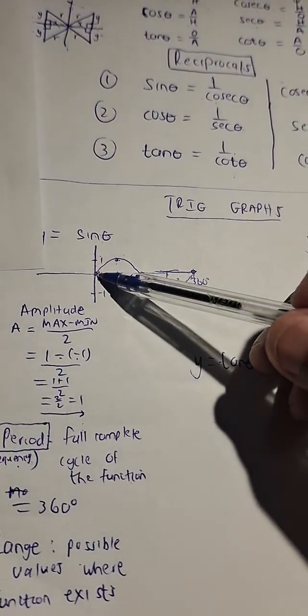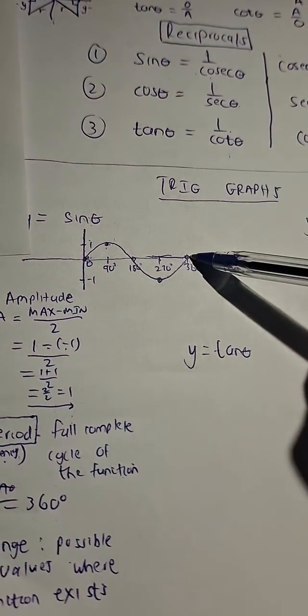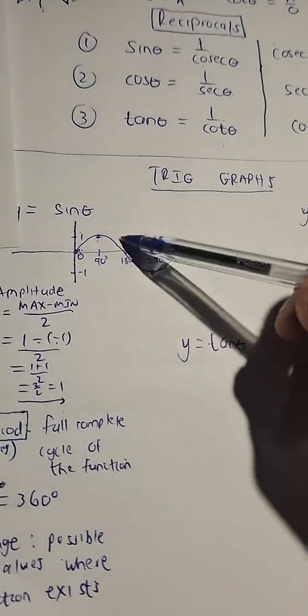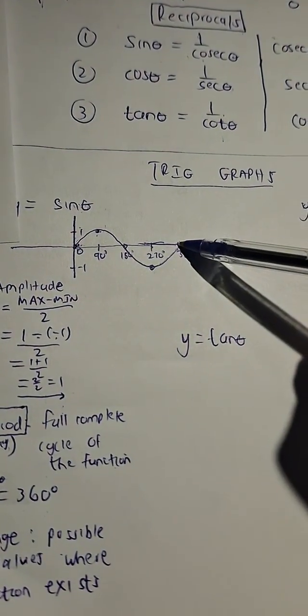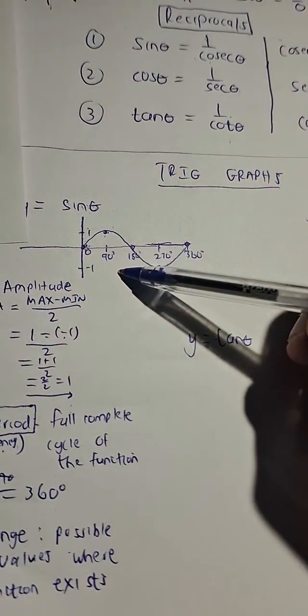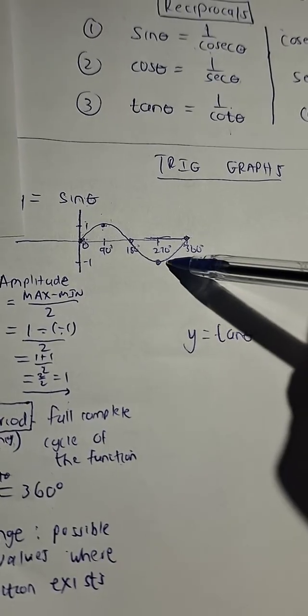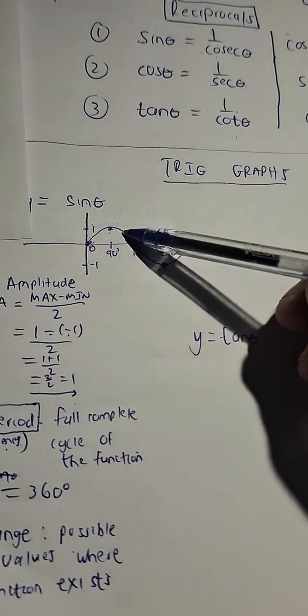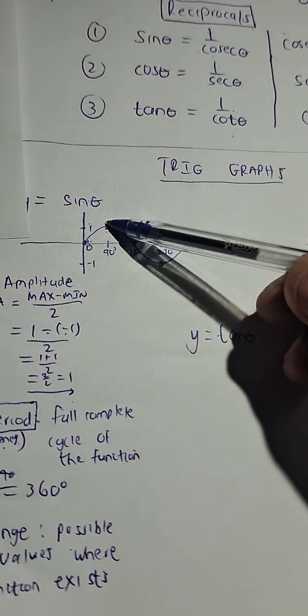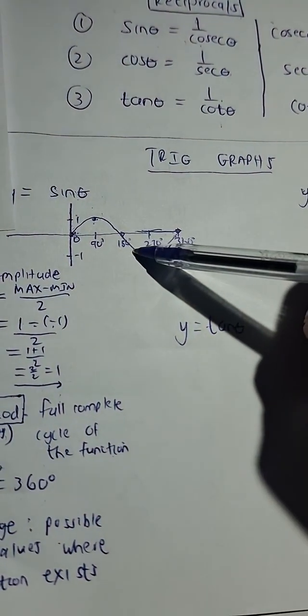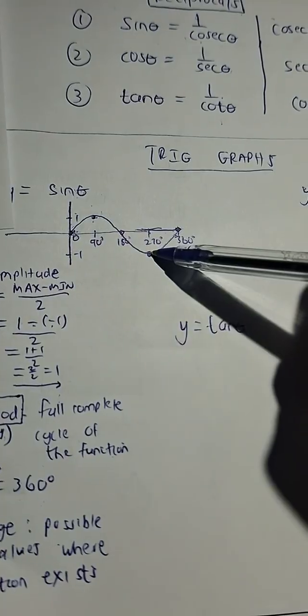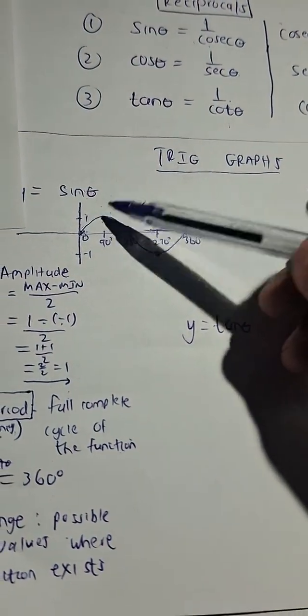So if you look at this function with the complete full cycle, where is this function existing for y? You need to look at the bottom to the top. The function seems to be existing from -1 and it continues to exist all the way to 1.